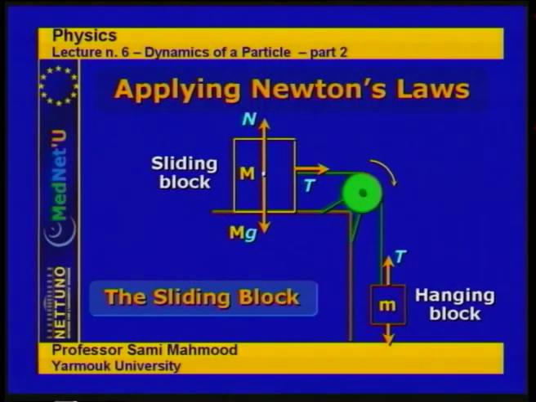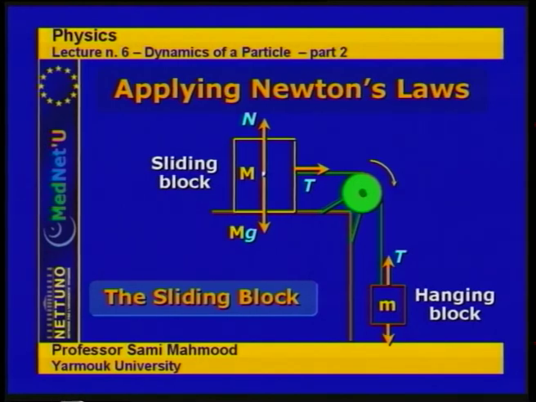The first is the sliding block, the second is the hanging block. A quick look at this diagram would tell us the following. It's necessary to identify the forces acting on each block in order to analyze its motion.